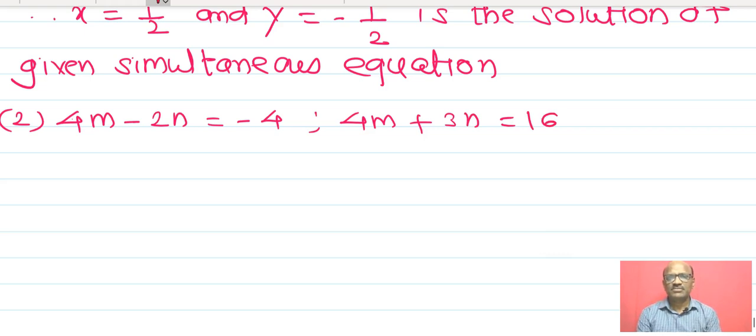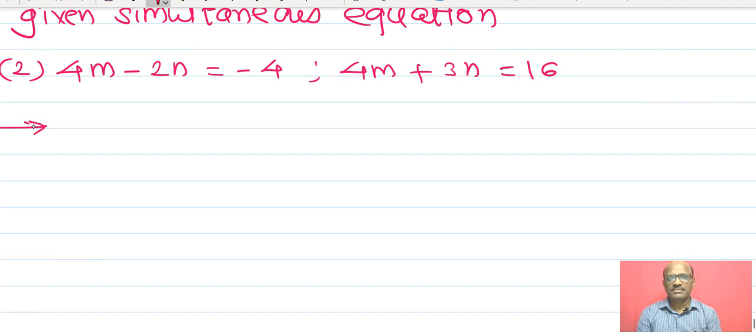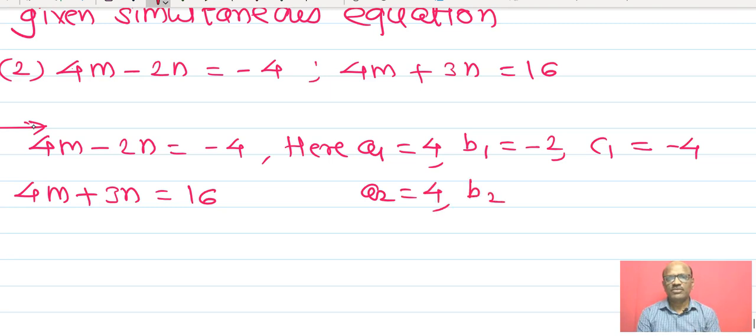I think that this example is repeated. Minus 2n is equal to minus 4. Here a1 is 4, b1 is minus 2, c1 is minus 4. 4m plus 3n is equal to 16. a2 is 4, b2 is 3, c2 is 16.